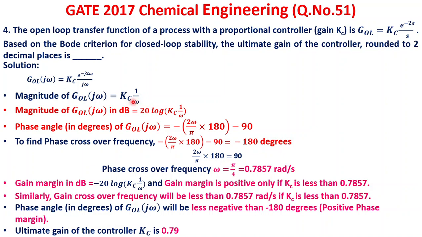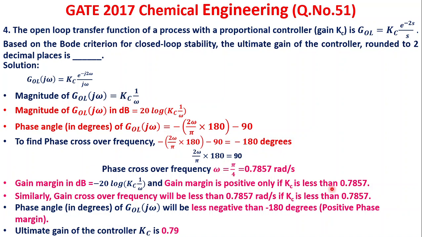In that case Kc also should be equal to omega. Let us find the gain for the corner frequency 0.7857 radian per second. If this is less than 0.7857, whatever value we get, that also should be Kc.